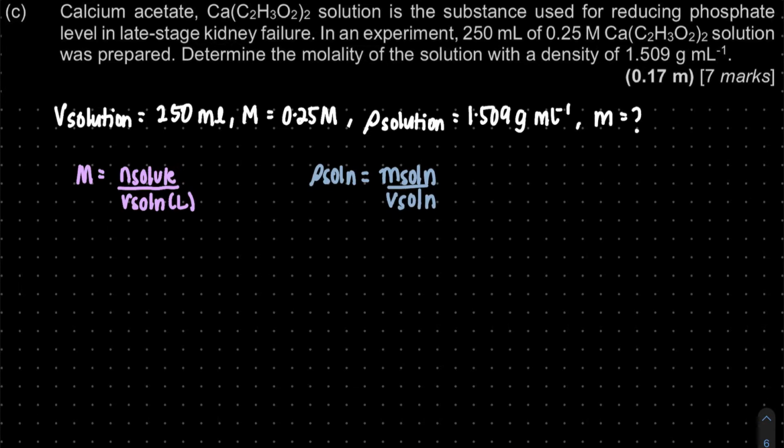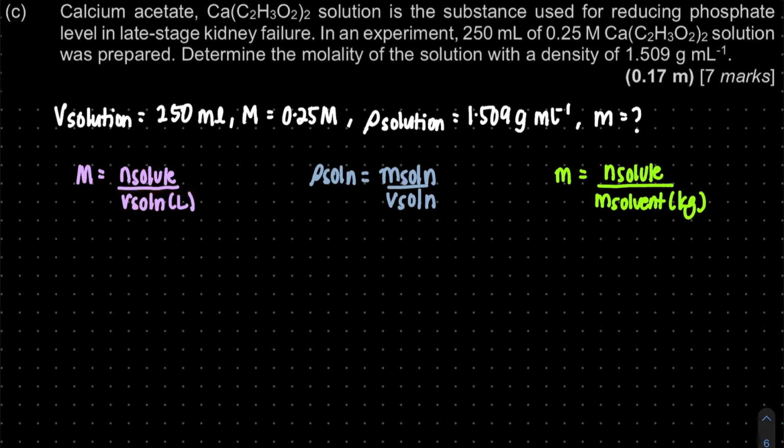Last but not least, the one that the question asks us to find out is the molality. Molality is the mole of solute divided by mass of solvent, which must be in kilogram. So for molarity and molality, the difference is the denominator.